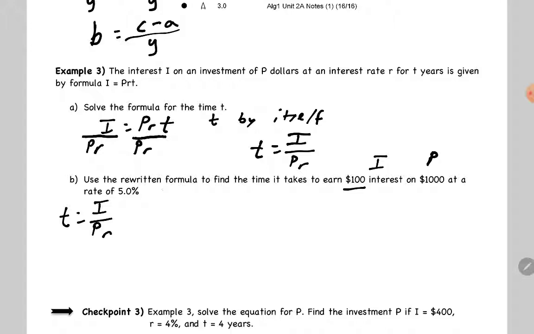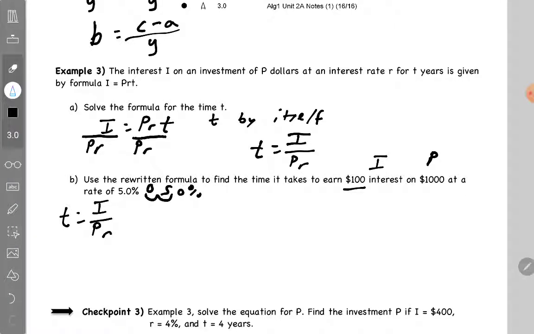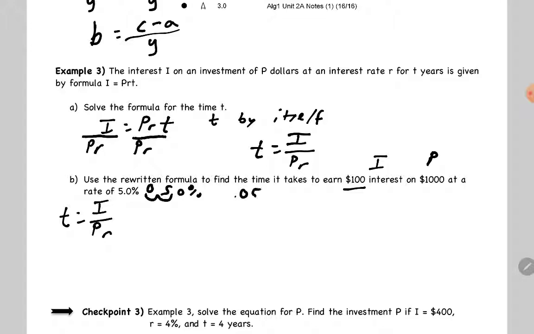Whenever we have a percent, we need to move the decimal place 2 points to the left to make a decimal. Or you just take the 5 and divide it by 100. So my 5% written as a decimal is 0.05, and that would be my r.